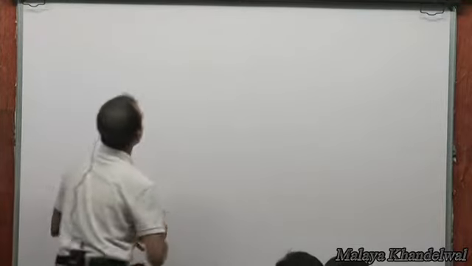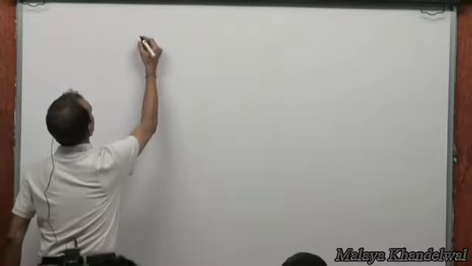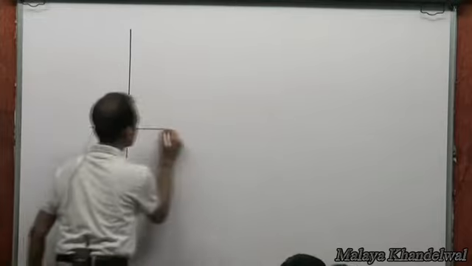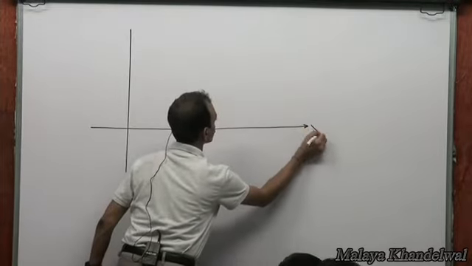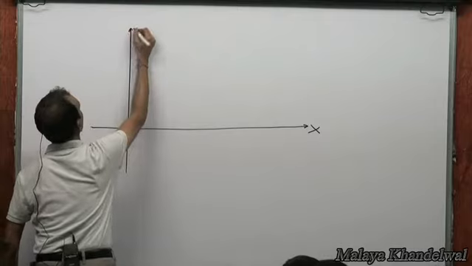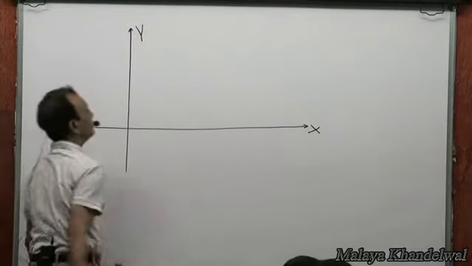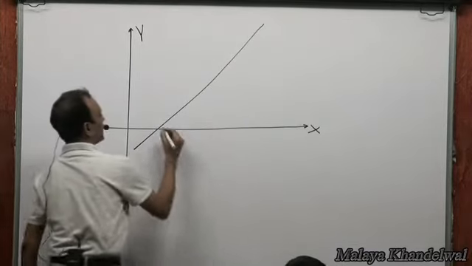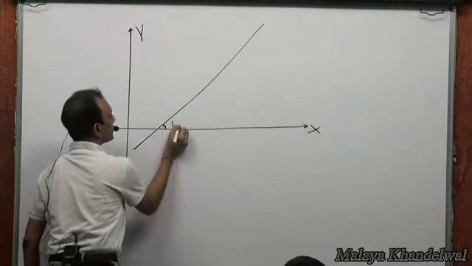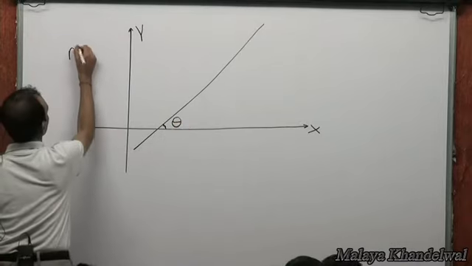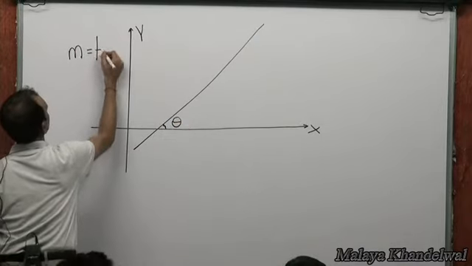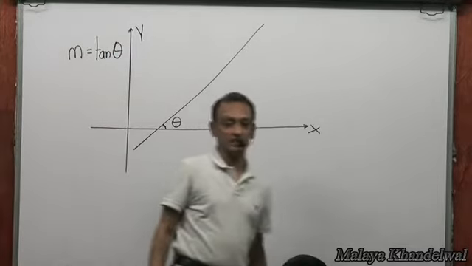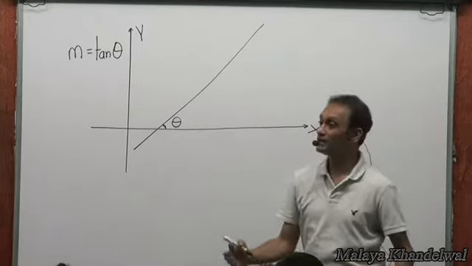Now, observe the following. Say this is a line with slope tan theta, a fixed line with slope tan theta.